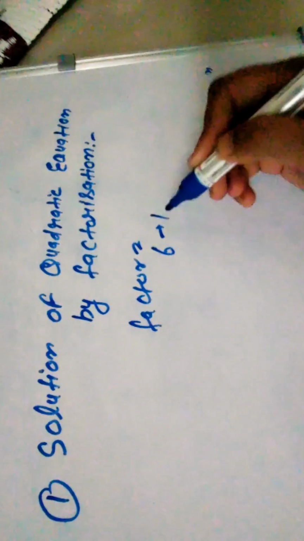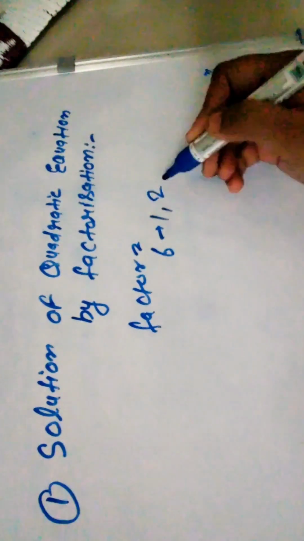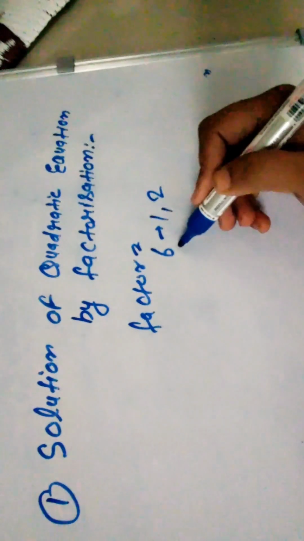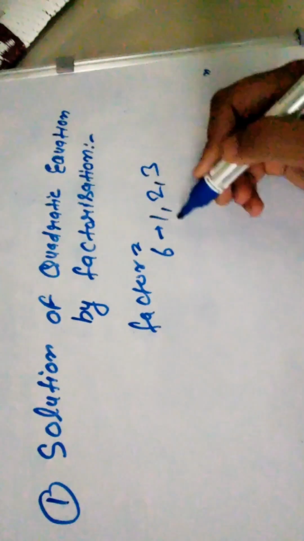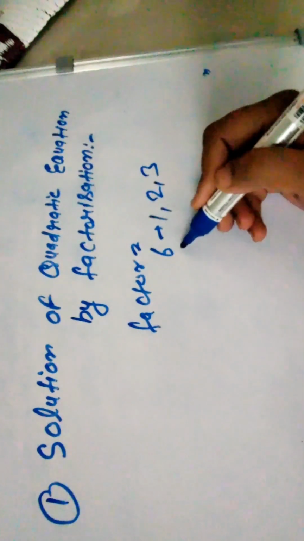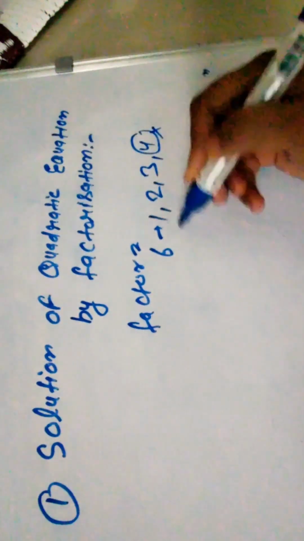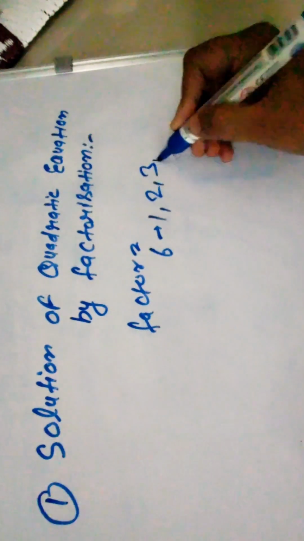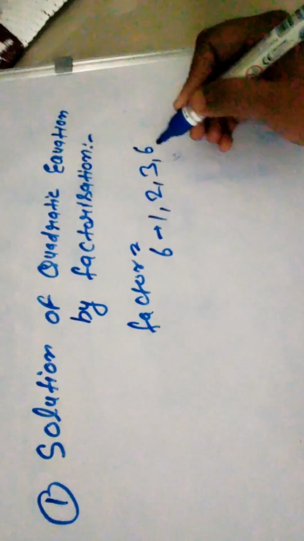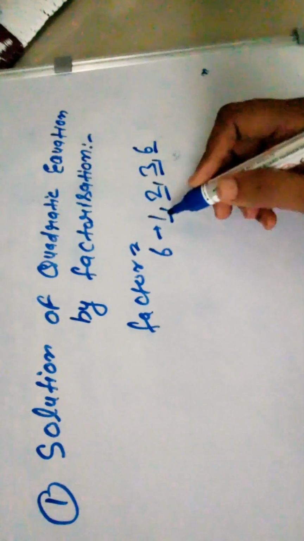Then 1 is a factor, because if you divide 6 by 1, the remainder comes 0. 2 is also a factor, because if you divide by 2 then remainder is 0. 3 is also a factor, because if you divide by 3 remainder is 0. 4 is not a factor, because if you divide by 4 a remainder comes. Then 5 is also not a factor. 6 is also a factor. Then 1, 2, 3, 6, these are called factors.